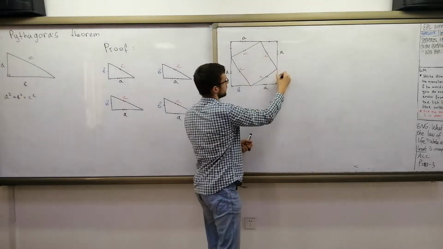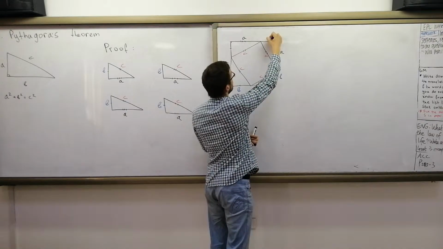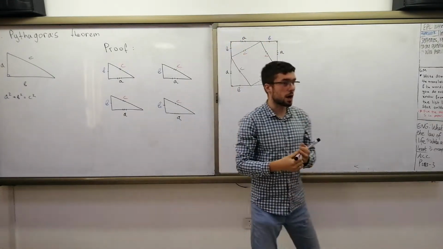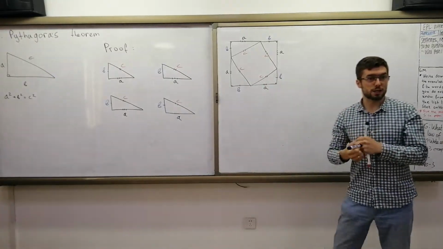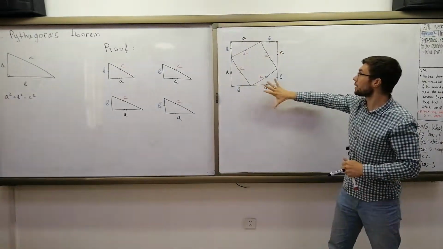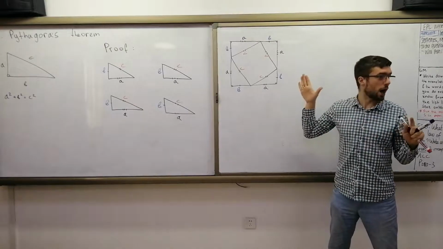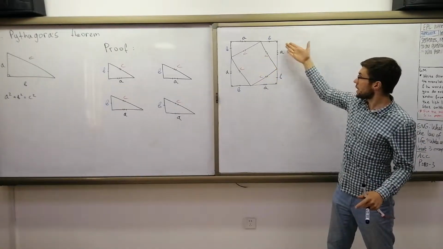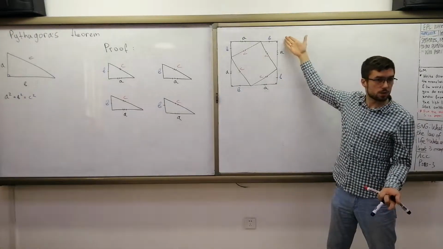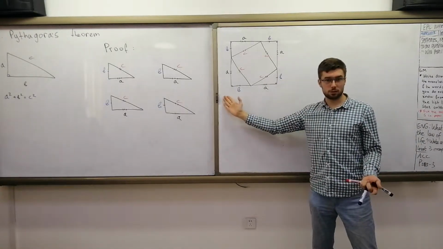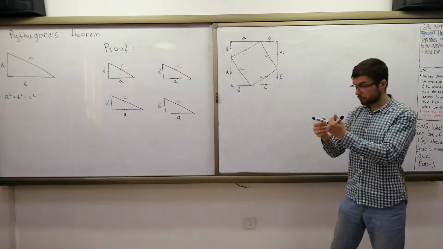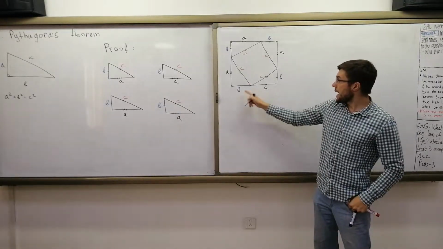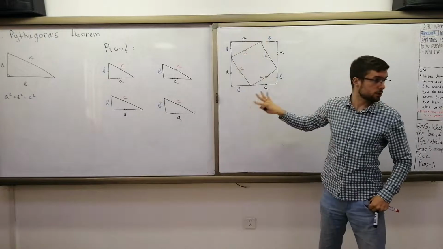So let's label it as B. B and B, okay. And now let's ask the question how to express the area of the entire square. So we have no doubt that this figure is a square, right? Because this side is equal to this side, right? So let's express the area of this square in terms of A and B.